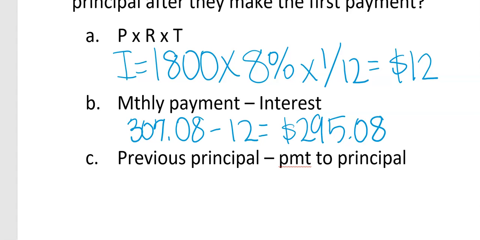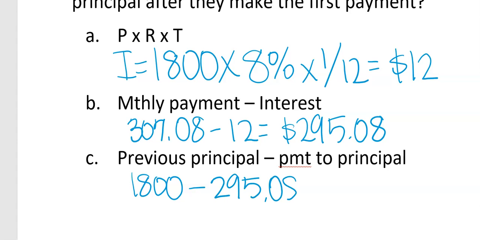Then to get your balance, you take the initial principal minus $295.08, which is $1,504.92. Those numbers match the table you're looking at, and we're going to have to do some calculating for the rest.